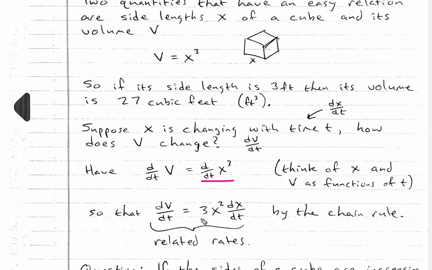So we get the derivative of the outside function times the derivative of the inside function, right? So dx/dt. All right, so these are the related rates. So the rate of change of the side length is related to the rate of change of the volume.